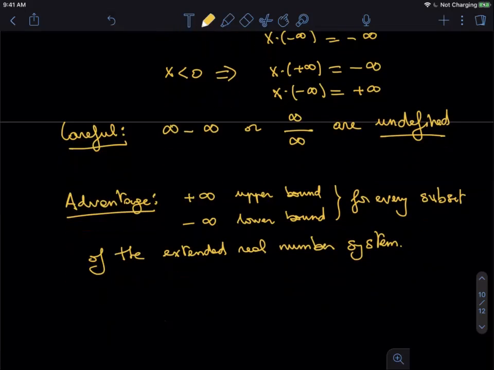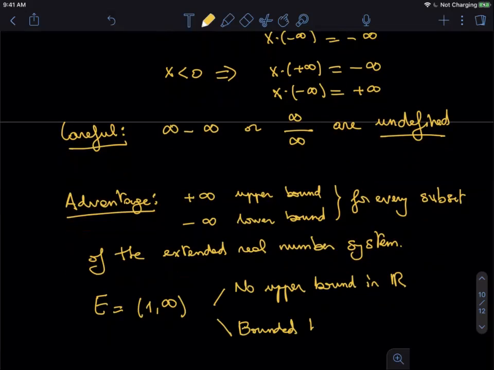What does this mean? Well, for example, let's say that we have E that is all the numbers larger than 1. Okay, so this one doesn't have an upper bound in R, but it is bounded by infinity in the extended real number system.